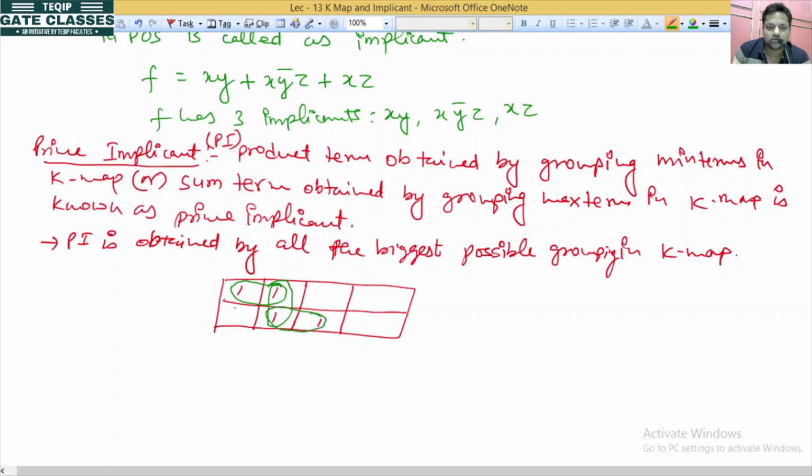Any other group possible? No. So how many PI are there? 3 PI. So the number of PI in this K-map will be 3. So you have performed all possible grouping in K-map, and that will give you all the PIs.